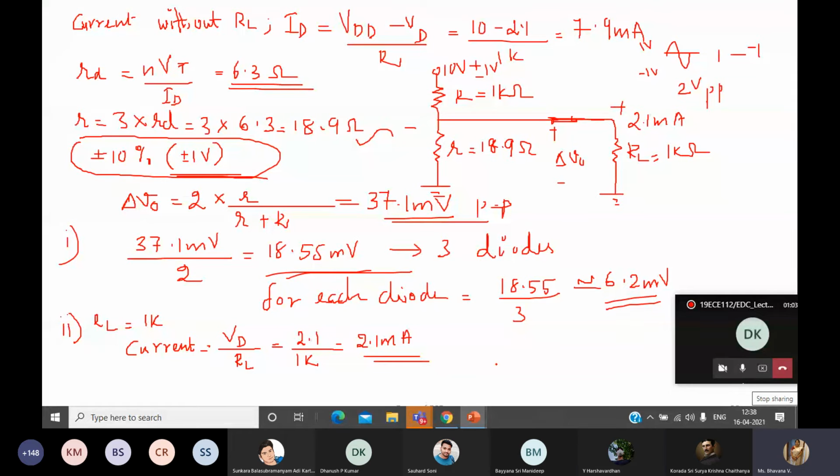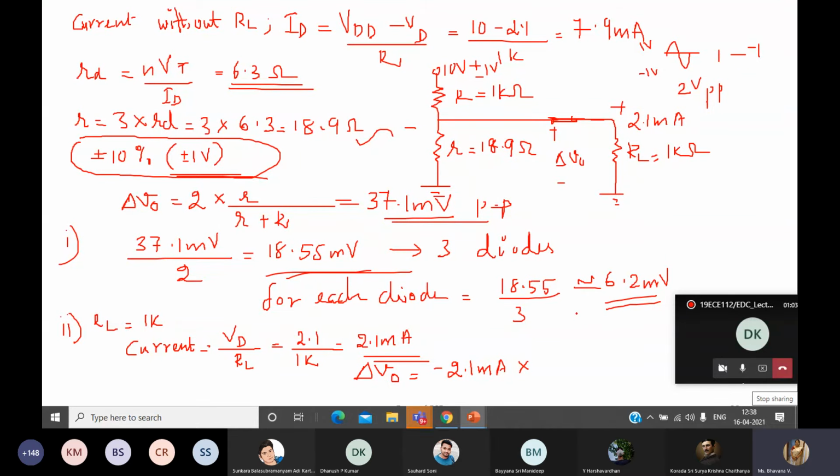Yes, ma'am. So take down delta V naught. Now we are going to find the change in output voltage when we are connecting this load resistor. So what will be the change in output voltage? Current, what will be the current? Minus 2.1 milliampere into resistance.